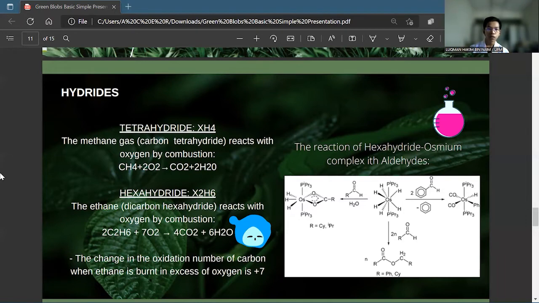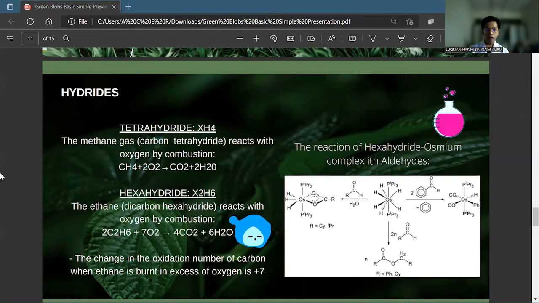For the tetrahydride, it is XH4. Methane gas, which is carbon tetrahydride, reacts with oxygen by combustion. As you can see, the reaction is CH4 plus 2O2 becomes CO2 plus 2H2O. For the hexahydrides, it is X2H6.